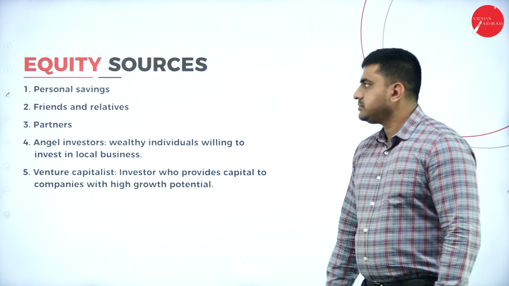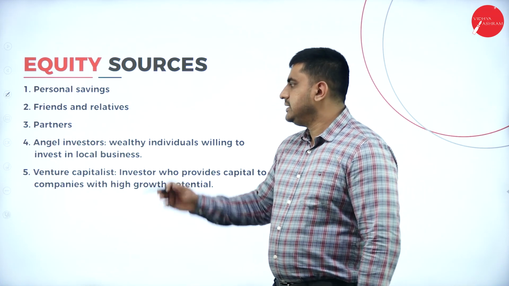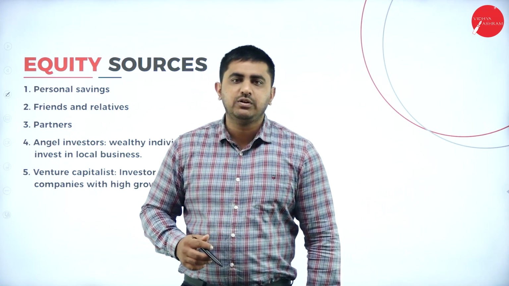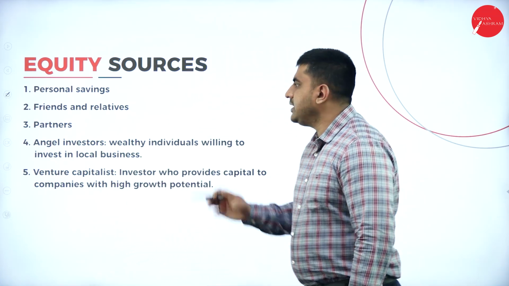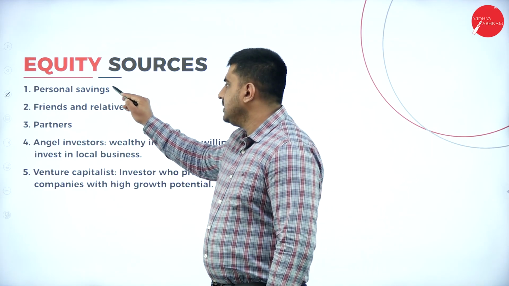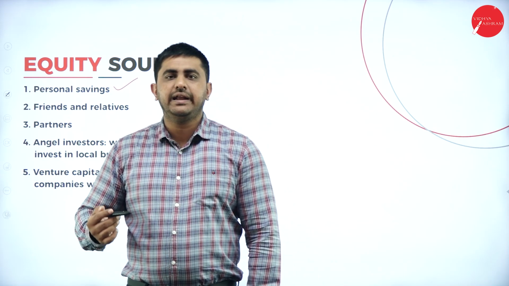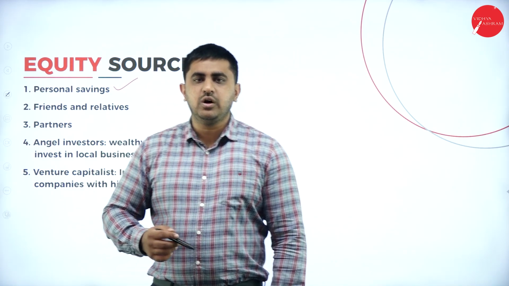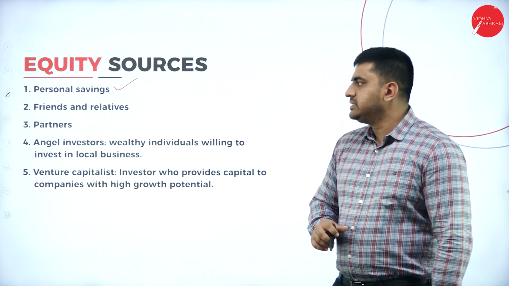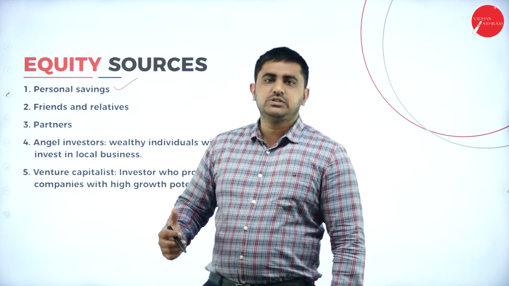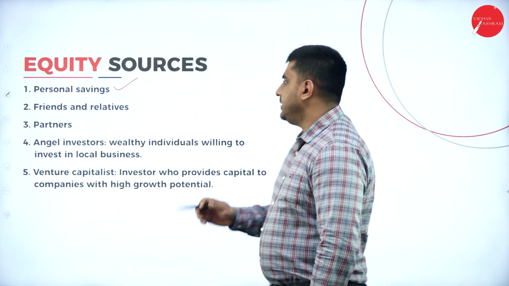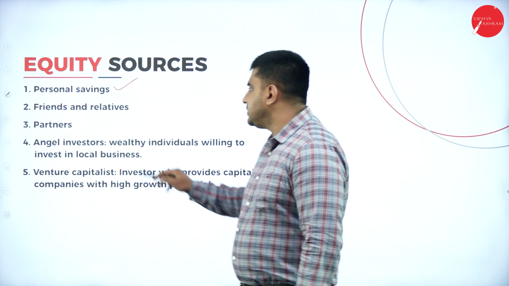So next, equity sources. There are various equity sources which we have to understand. The first one is your personal savings. You might have personal savings which you have collected over many years, and you want to invest it in business. Next, friends and relatives.